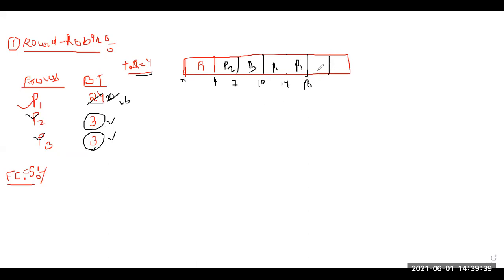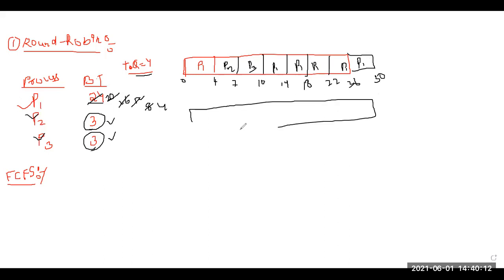Now again P1, so 22. Then 26, and the remaining is 4, so again P1, that will be 30.